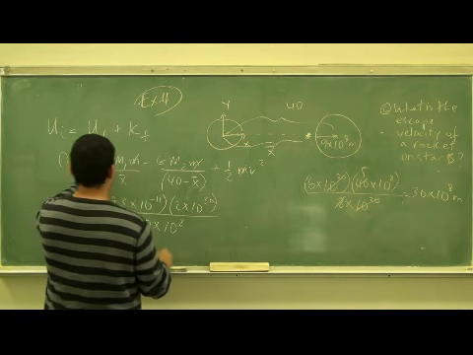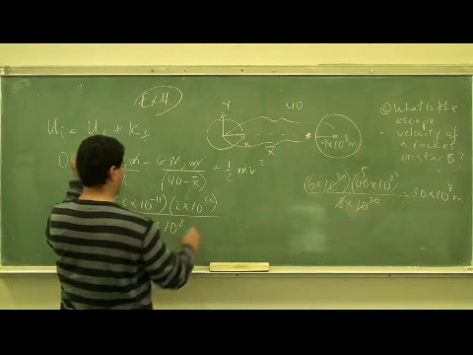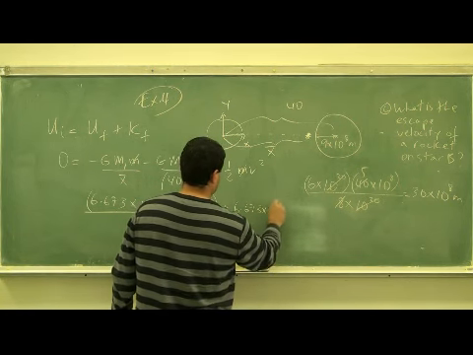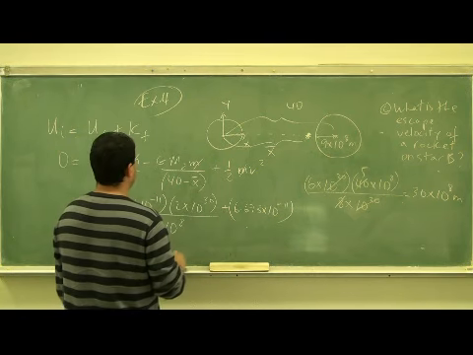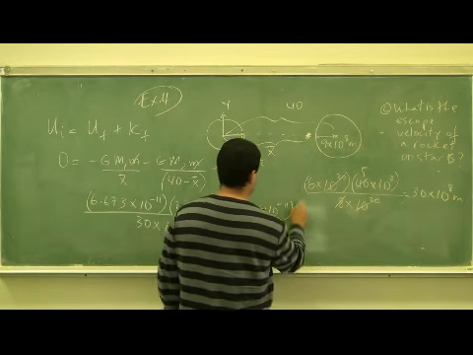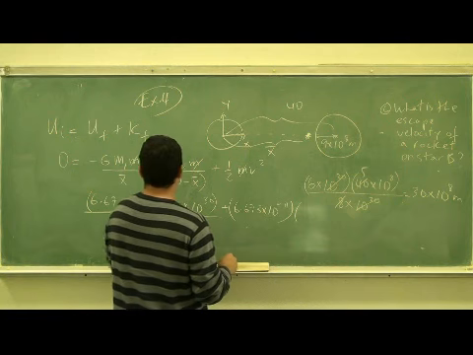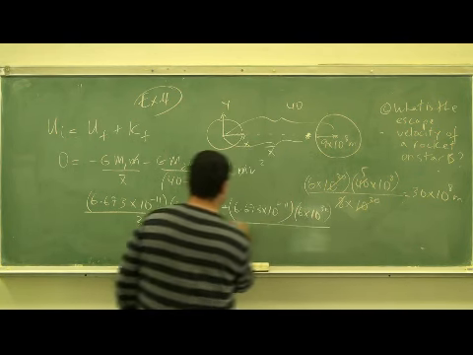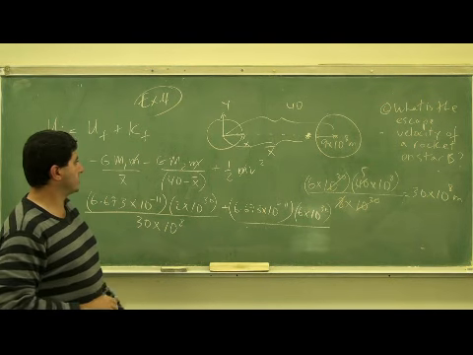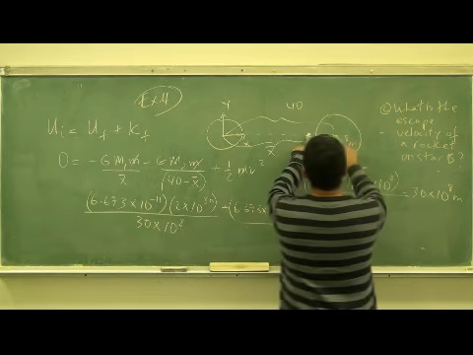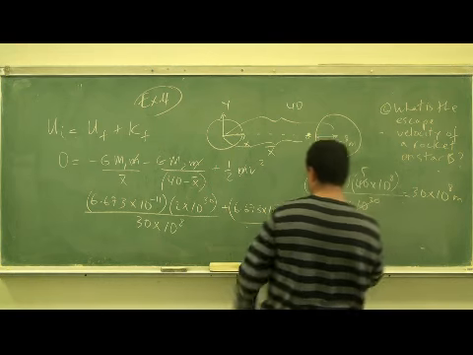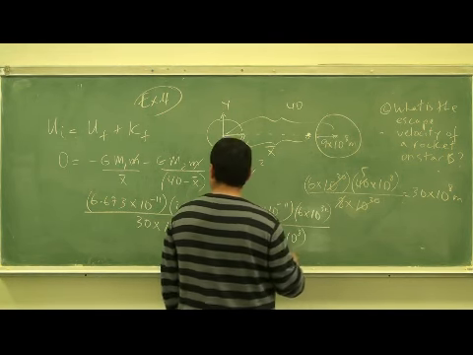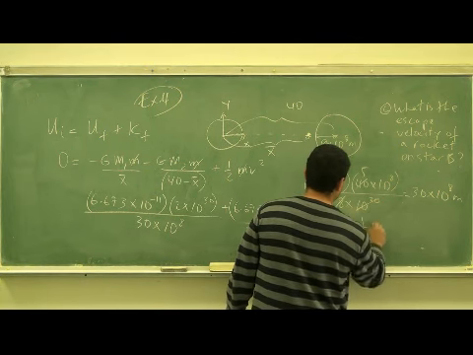And then this one goes over here, becomes plus. 6.673 times 10 to the minus 11. Then the mass of the other star is 3 times that, 6 times 10 to the 30th, divided by the distance there. From 30 to 40 is 10, 10 times 10 to the 8th. And that's equal to half v squared.